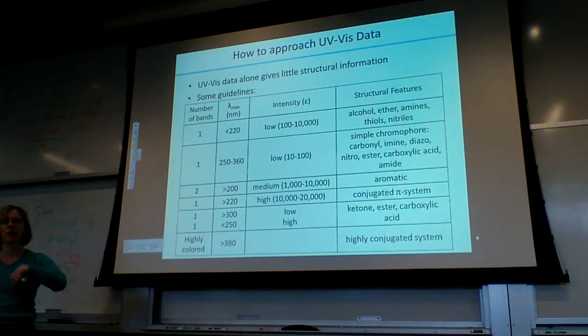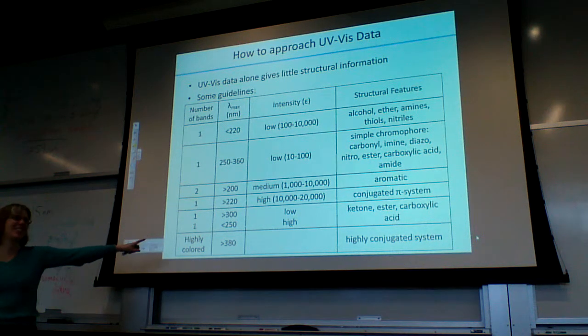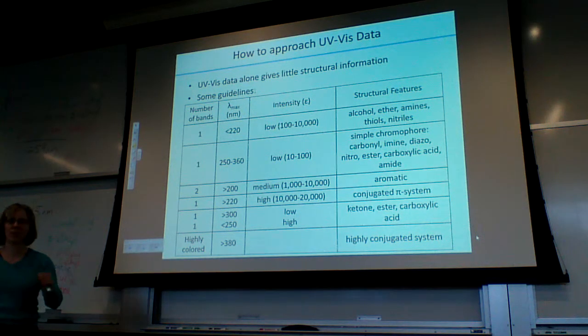So using an IR to confirm that yes, that is an alcohol, or an NMR, or something that confirms this. I would not just look at the UV-vis and say, well, it has to be a ketone, and that's the only thing I'm going to think about from here on out when I'm identifying this. No. Be careful with that.